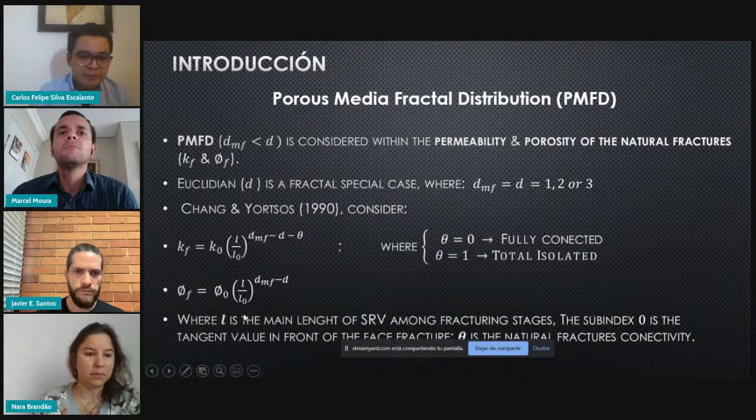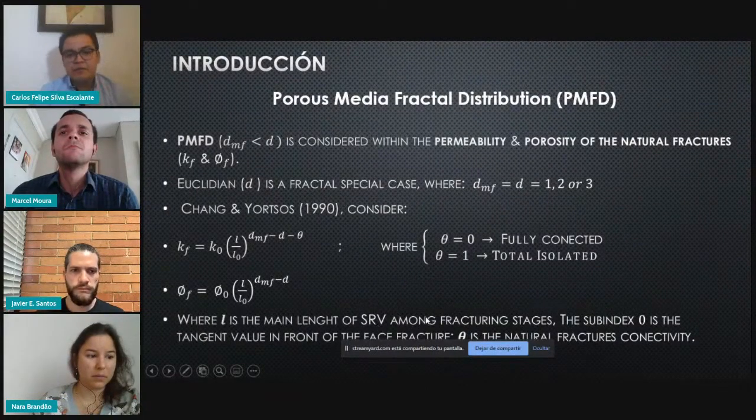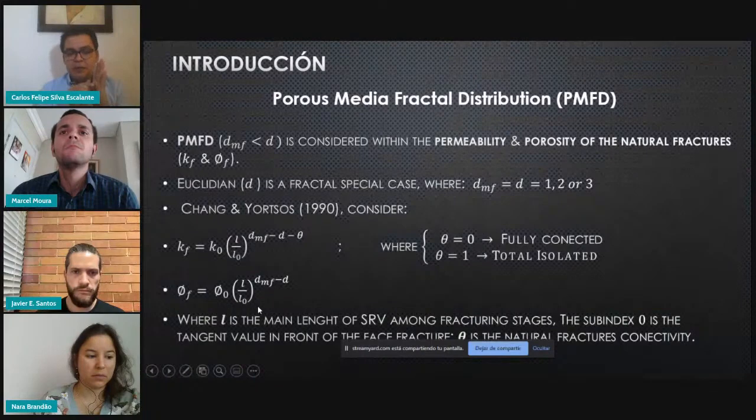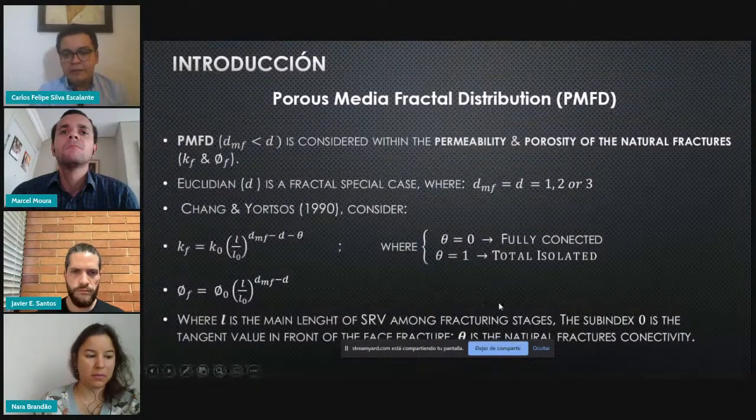And L is the main length of the SRV among the fracture stage. So index 0 is the tangent value in front of the fracture face, the first value, and theta is the natural fractures connectivity.